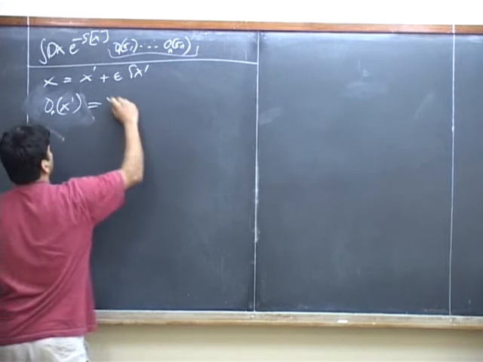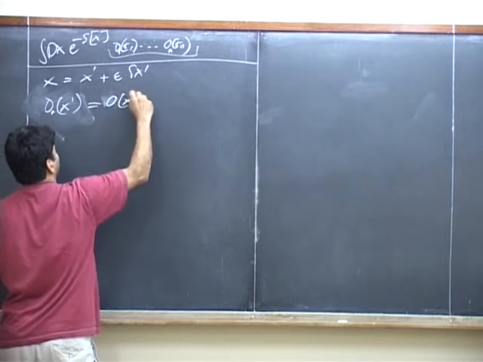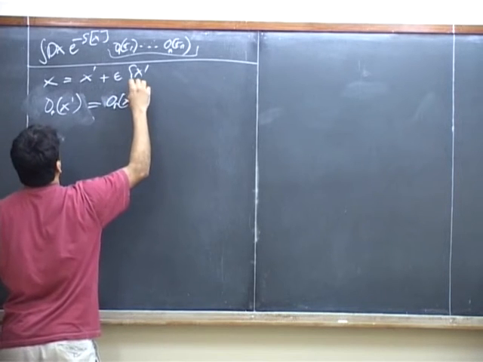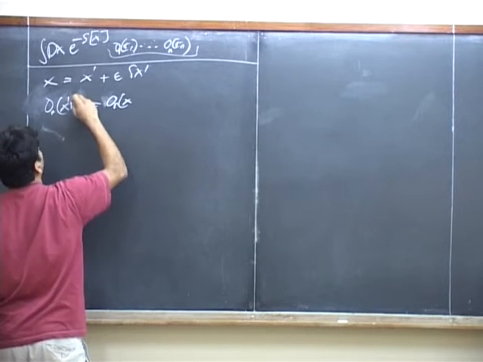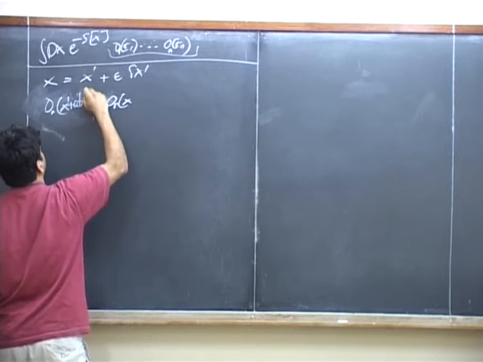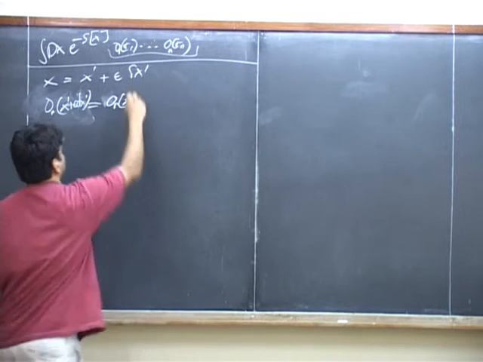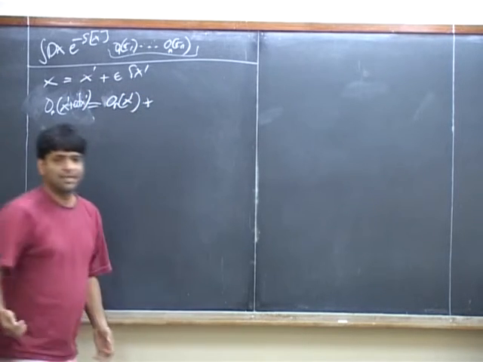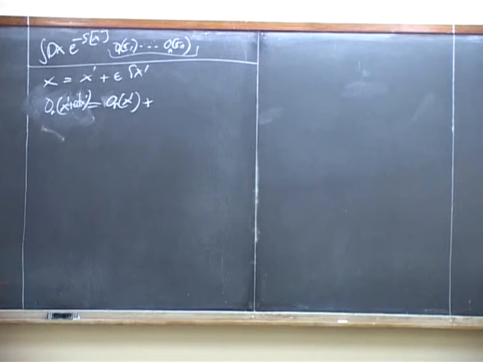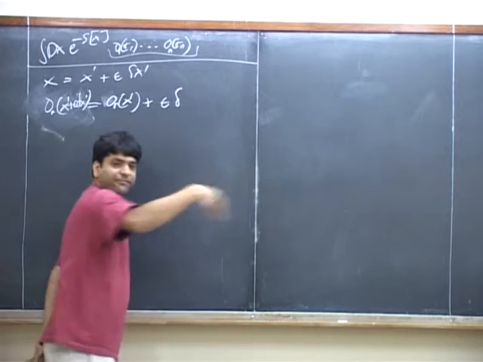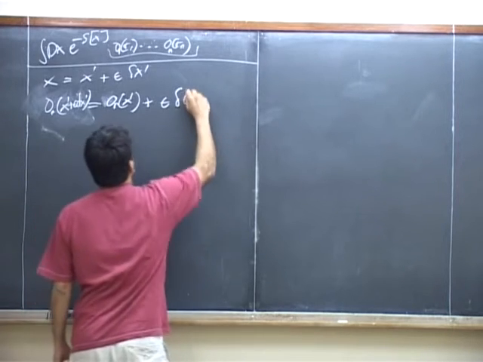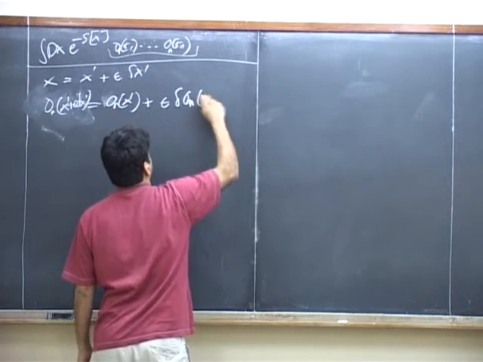This will be O_n as a function of x' plus something that's first order in epsilon, giving it a Taylor expansion: plus epsilon times whatever we get, which we'll call delta O_n, a function of x'.